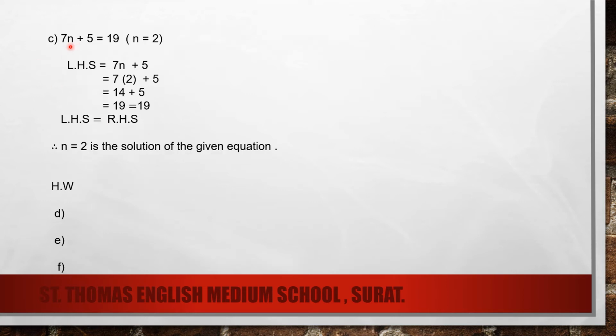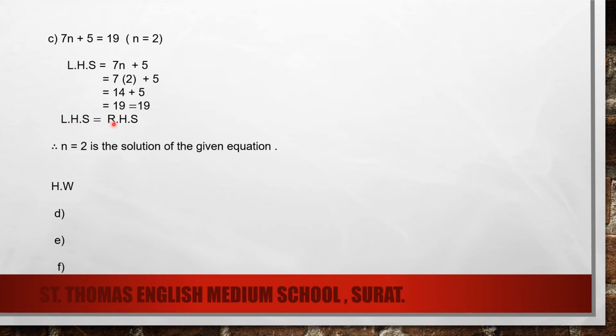Question number C. 7n plus 5 is equal to 19, n is equal to 2. So here the value of n is 2. LHS is 7n plus 5. n is 2, substitute here. 7 multiplied by 2, 7 twos are 14, plus 5. What is 14 plus 5? 19. So both are equal. 19 is equal to 19.